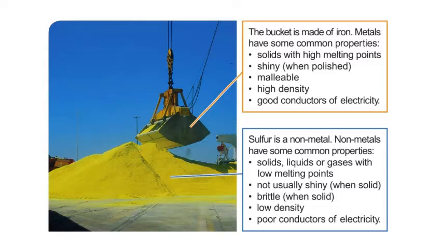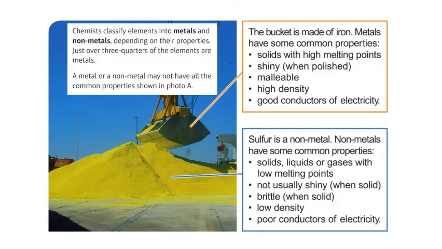It's interesting to note as well that on the periodic table, just over 3/4 of all the elements are actually metals. And whilst these properties are generally found in either metals or non-metals, as we've discussed, it's not always the case. There are sometimes some exceptions.